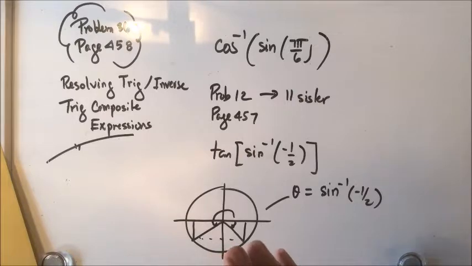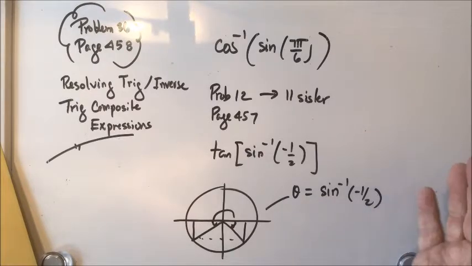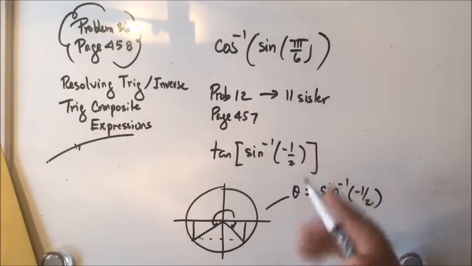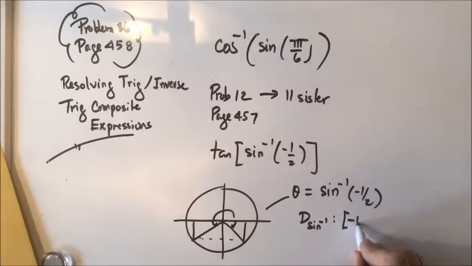But remember, if we're going to deal with the arc function, the domain of the arc sine is minus 1 to 1, and minus 1/2 is right in the wheelhouse of that domain.